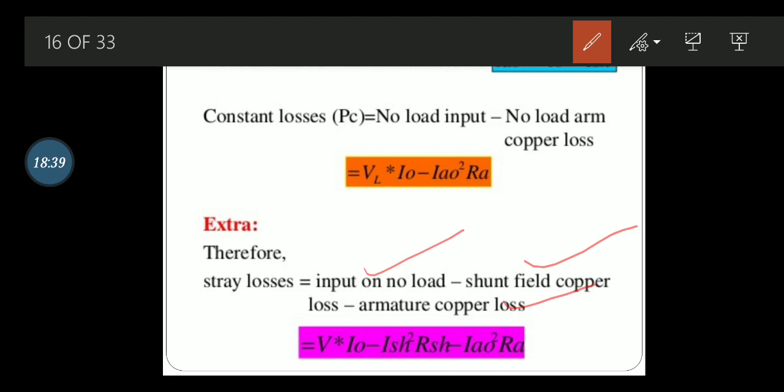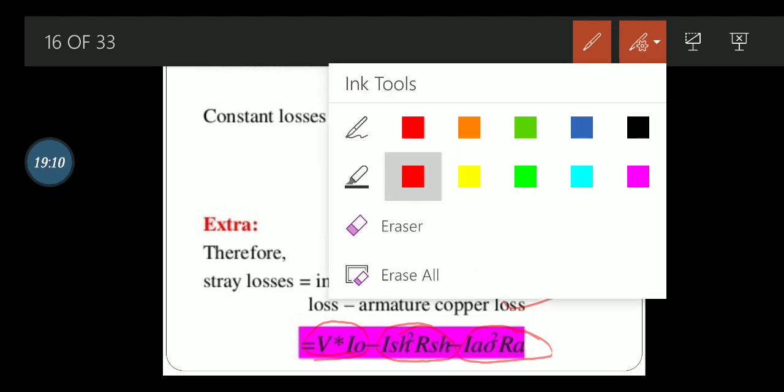Input on no load is the product of the supply voltage and no load current, and shunt field copper loss is ISH square into RSH, where RSH is the shunt field winding resistance, and armature copper loss is Ia0 square into RA, where Ia0 is the no load armature current and RA is the armature resistance.